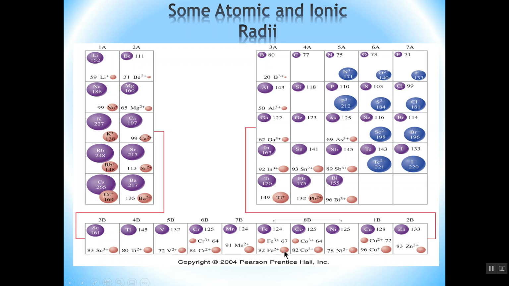So for that reason, the Fe3+ is smaller in size, 67 picometers compared to the Fe2+, which is larger, 82 picometers. And of course, the iron atom is even larger because it has no loss of electrons, so its size is 124 picometers. Okay. All right, so let's move on to this example.